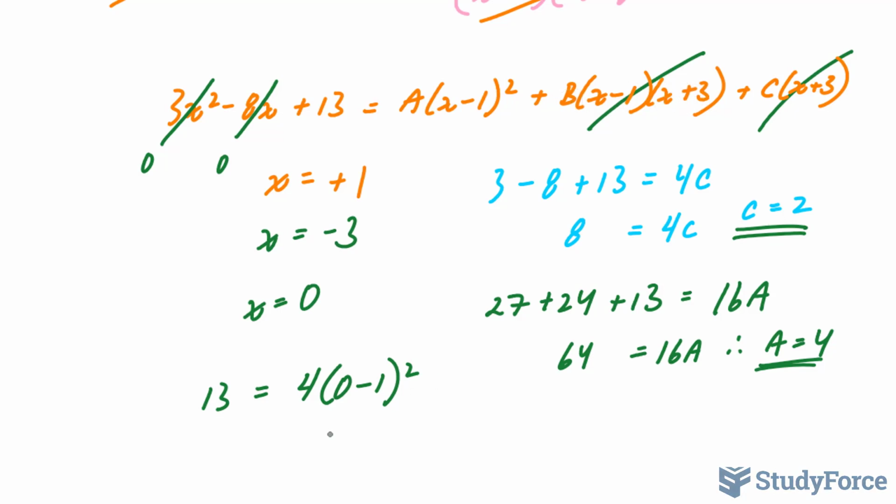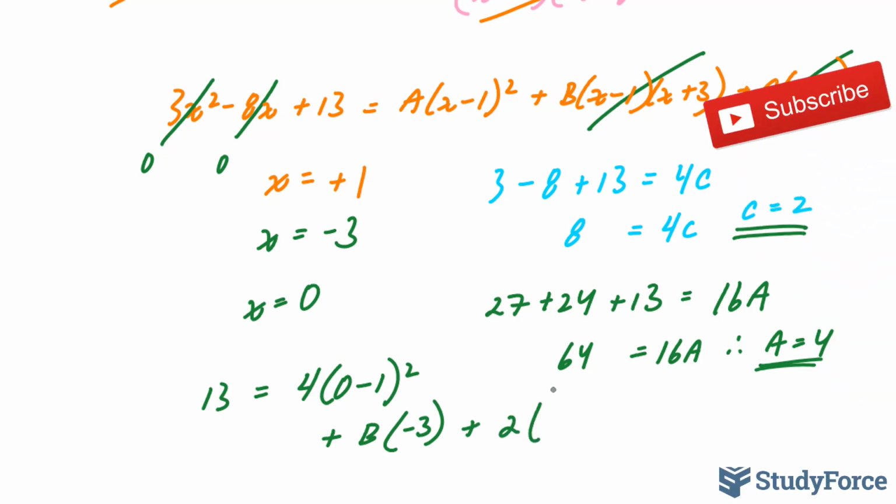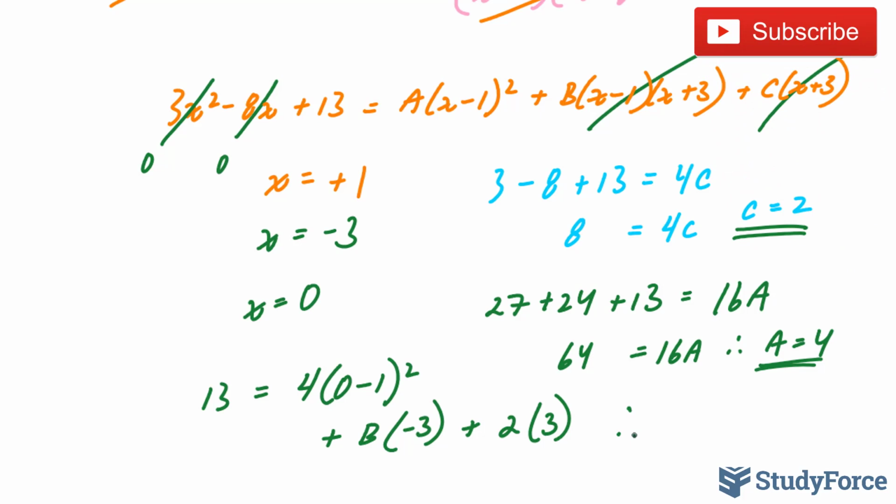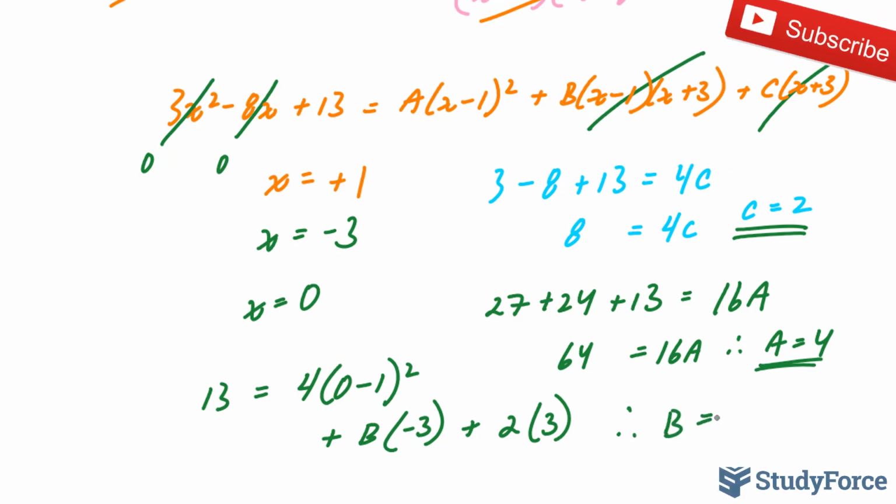This part becomes plus B, 0 minus 1 is negative 1, times positive 3 is negative 3, plus 2 times 3. Therefore, solving for B, B is equal to negative 1. So we have our A, C, and B.